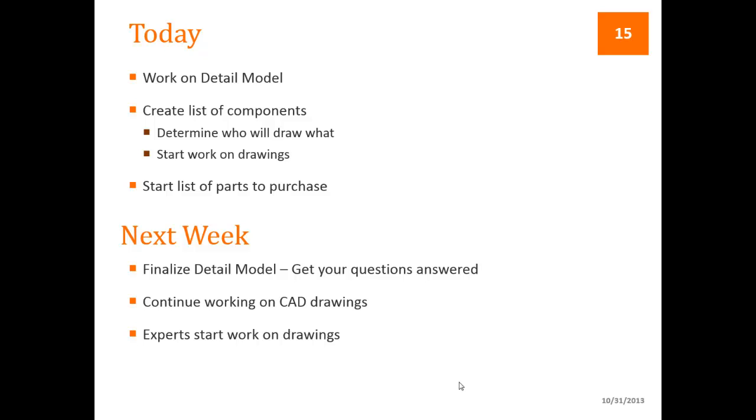So as a review, what you're going to look at doing today is work on your detailed model. Start from your basic model and then start adding in losses, adding in strength and materials type analysis, that type of thing.